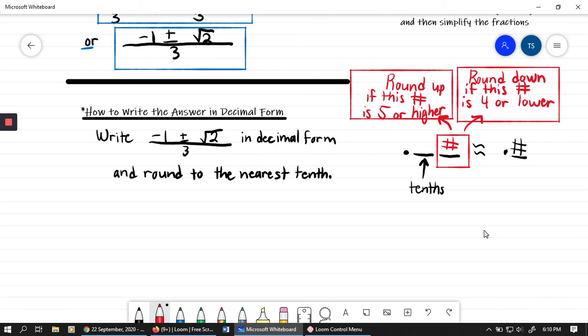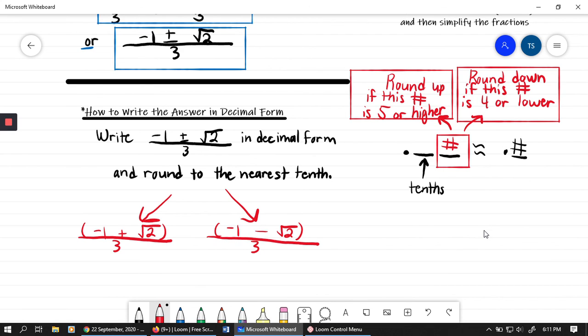All right, so remember that there are 2 answer versions for this. One version is where you've got plus, and the other version is where you've got minus. So you're going to do -1 plus the square root of 2, and that divided by 3 on one part of it, and then you'll do -1 minus the square root of 2, and that divided by 3.